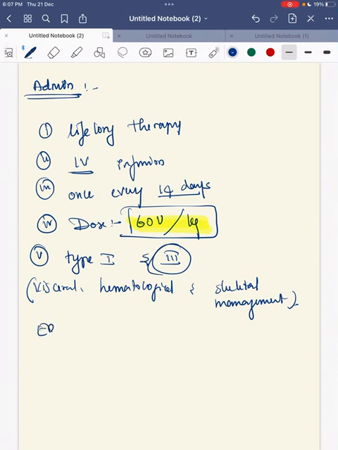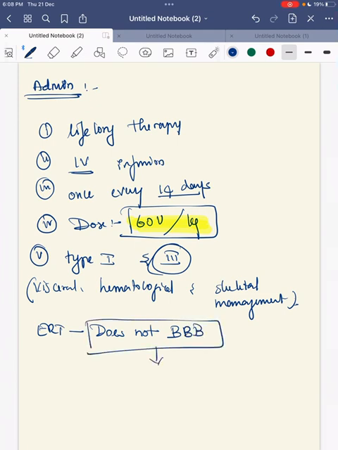Since enzyme replacement therapy does not cross the blood-brain barrier, it is not recommended or used in type 2 Gaucher's disease. Okay, so this is about the enzyme replacement therapy.